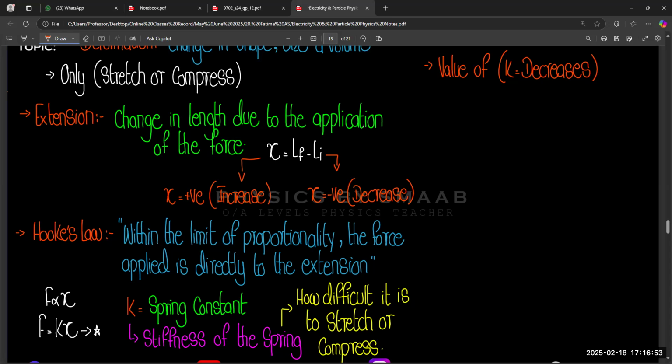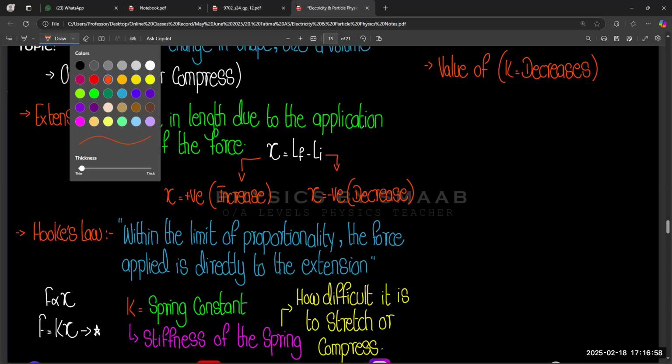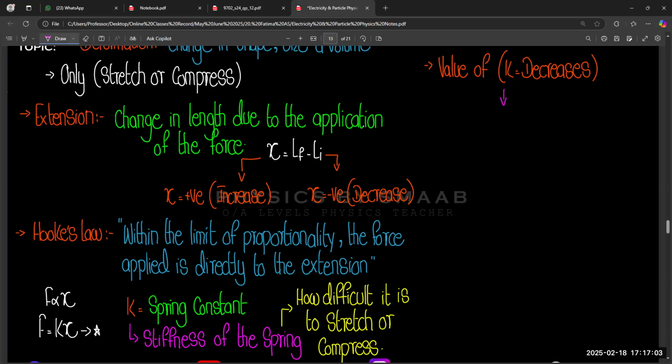So it means that if the value of K decreases, it acts like a soft spring, and if the value of K increases, it works like a hard spring, difficult to stretch or compress.